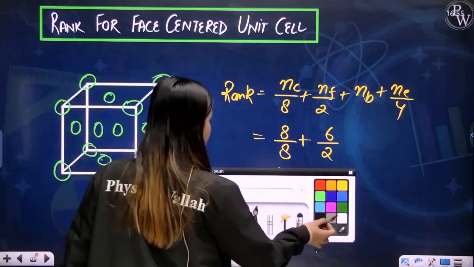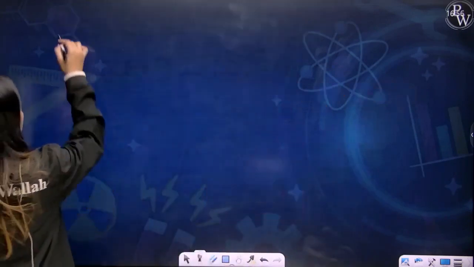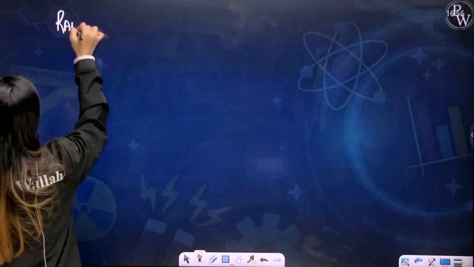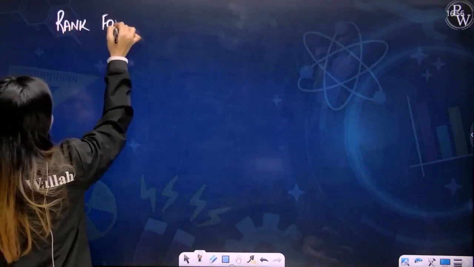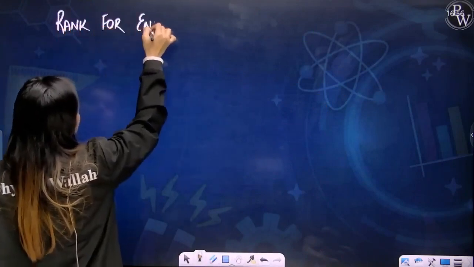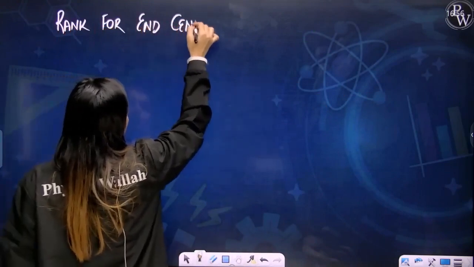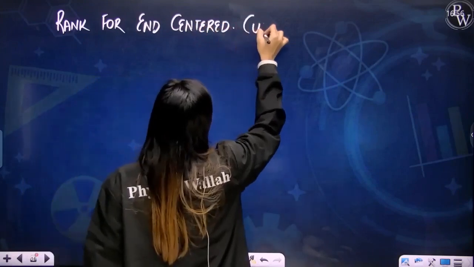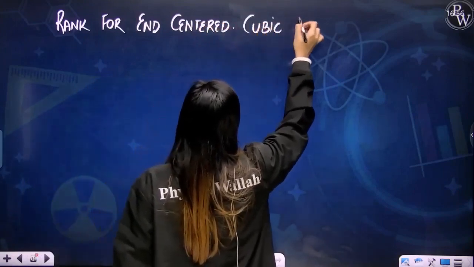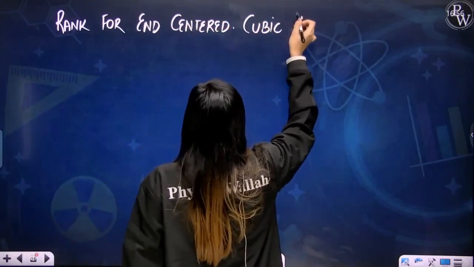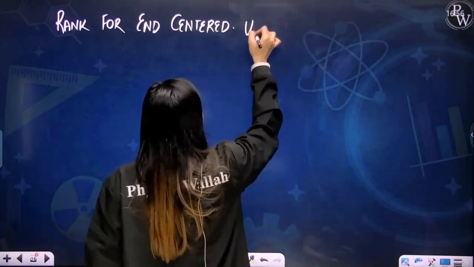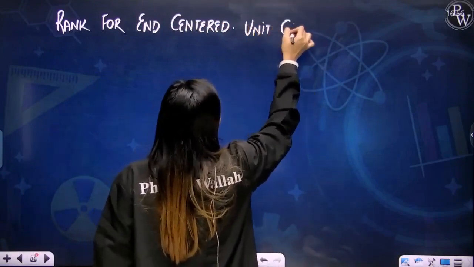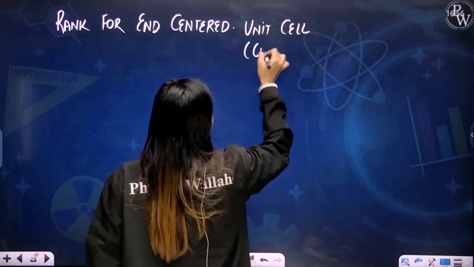Now, you will get a homework. You have to calculate rank for end-centered. Though in the world, this end-centered doesn't exist, but for your learning, I want to give you this cubic end-centered unit cell. This is cubic, okay?